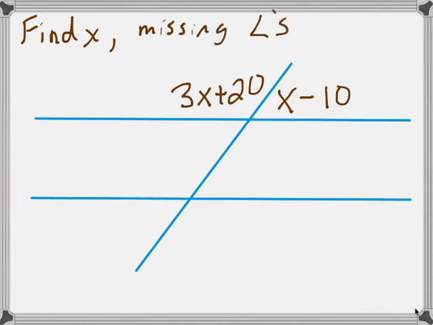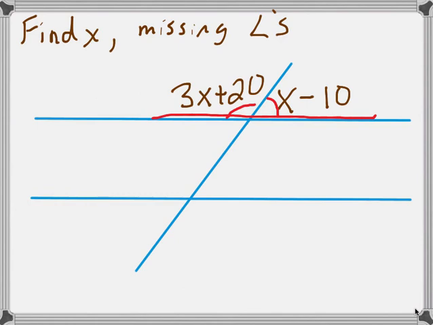Okay. Well, first of all, let's just find x. Now, what do we know about these? Are these two angles vertical? Complementary, supplementary? Well, by definition, if I look at those two angles, if I add them together, well, that gives me a straight line.